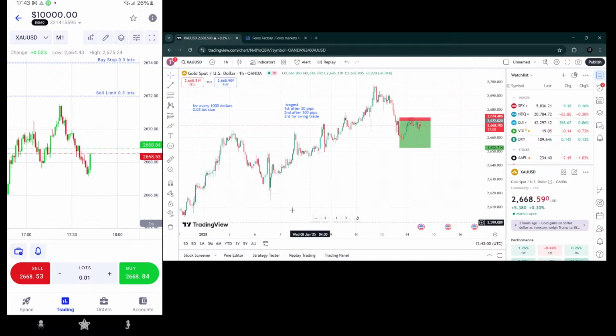So always book your profit once you are in profit. Right now it's 5:43, and at 6:30 there will be news, and we'll see which side the market will go.